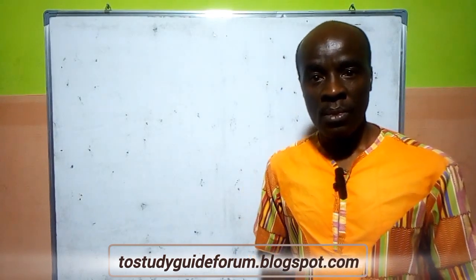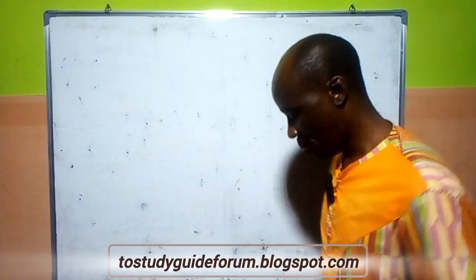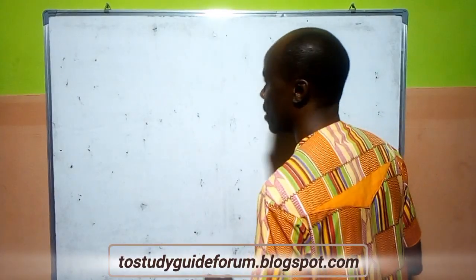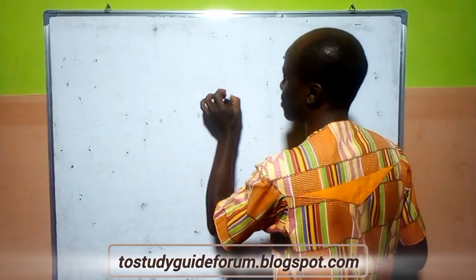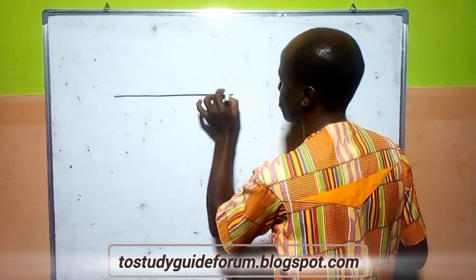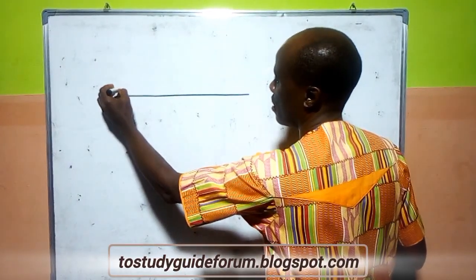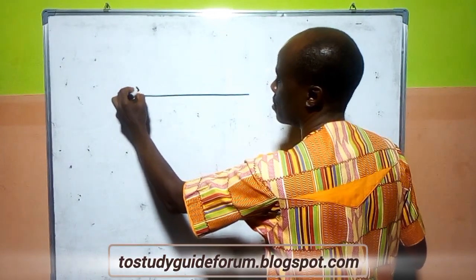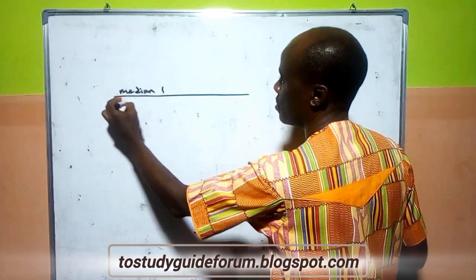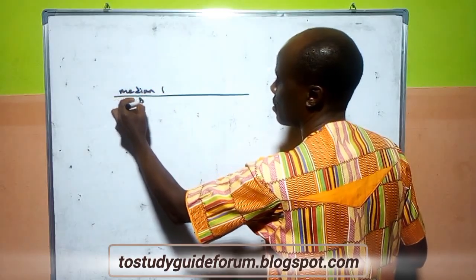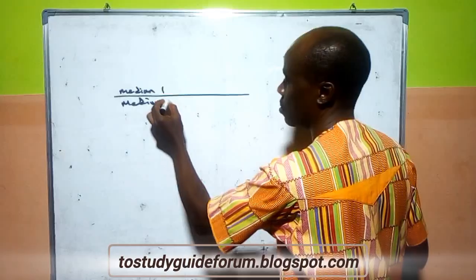Refraction. Now in refraction, let me just make a sketch of what we mean. For example, we have two media here: this is medium 1 and this is medium 2.